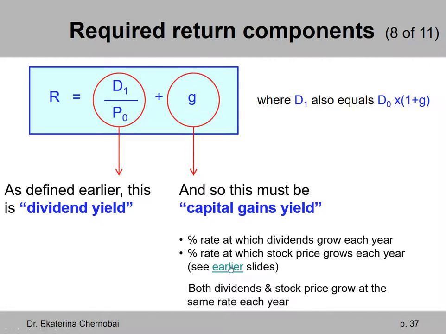On one of the earlier slides, we had a mathematical proof, when we were covering the dividend growth model, which is where this formula came from, of how when the dividends grow, let's say by 2% per year, then so will the stock price. So both dividends and stock price grow at the same rate each year.